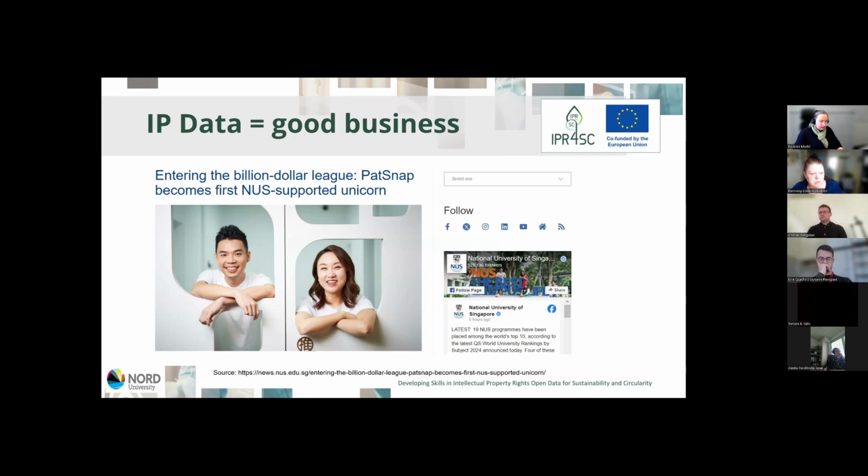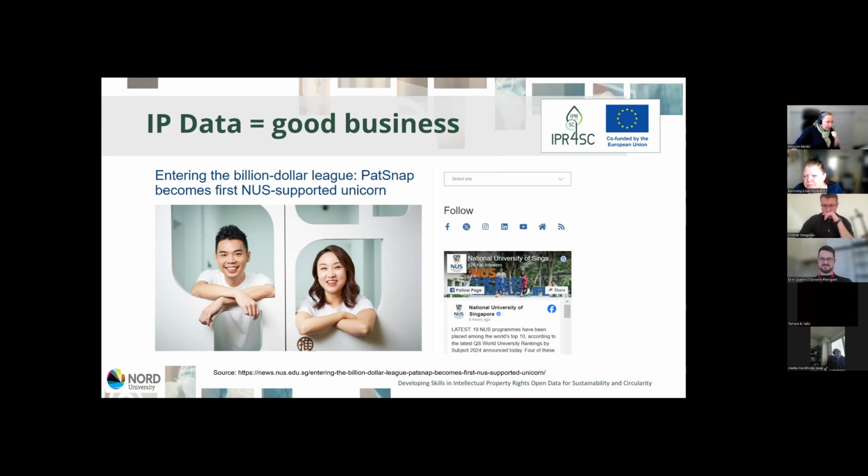So it's a company that's valuated for over $1 billion, providing this intellectual property data to customers. I like the case because it is a university spin-off, right? So it was supported by the National University of Singapore, right?